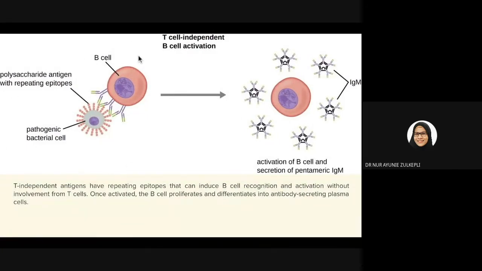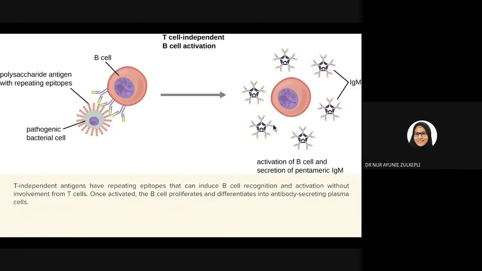So this illustration represents the B cells with the BCR, the receptor on its surface, which recognizes the repetitive epitopes on the pathogenic bacterial cells. Upon making contact, the B cell will be activated.